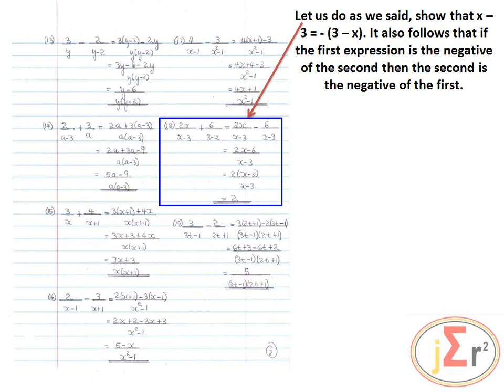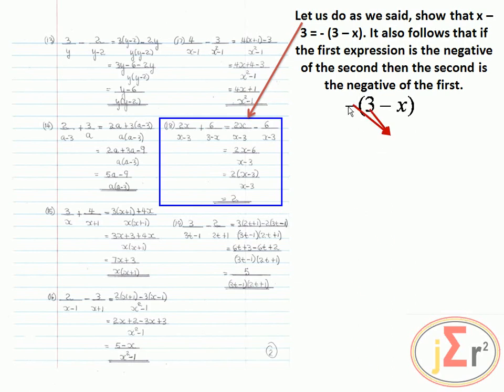So we are saying this one is the negative of this, and we will show that. And we are also saying if this one is the negative of this one, then this one is also the negative of that. So let us show that the negative of 3 minus x is equal to x minus 3.